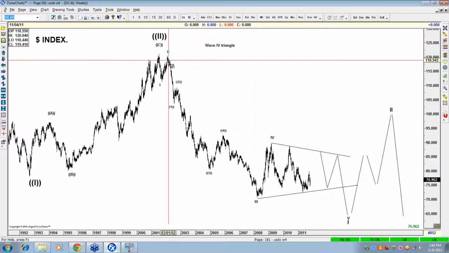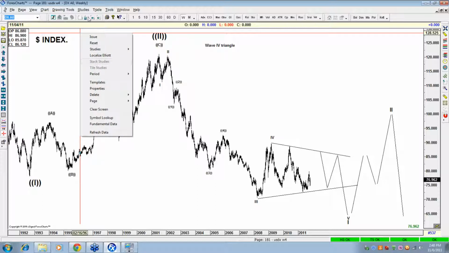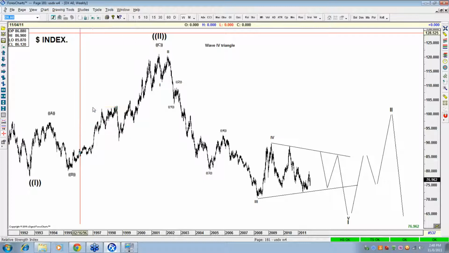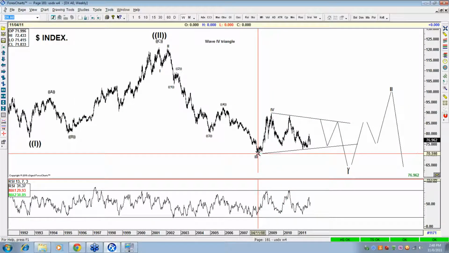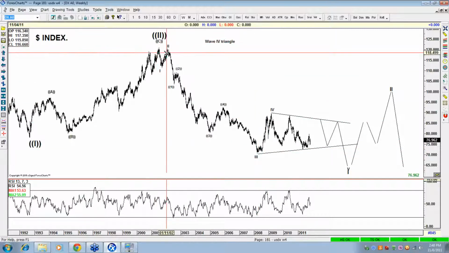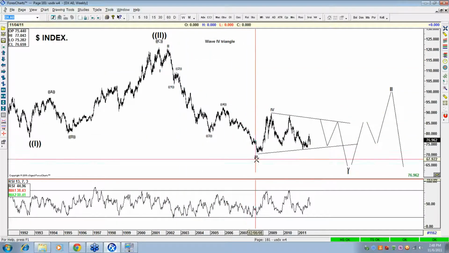This is the chart why everyone is a dollar bull. But what people don't understand is that there is no guarantee yet that this is the bottom in the dollar. Nothing says so. Nothing. Look, you can label it like this: 1, 2, 1, 2, 3, 4, 3.